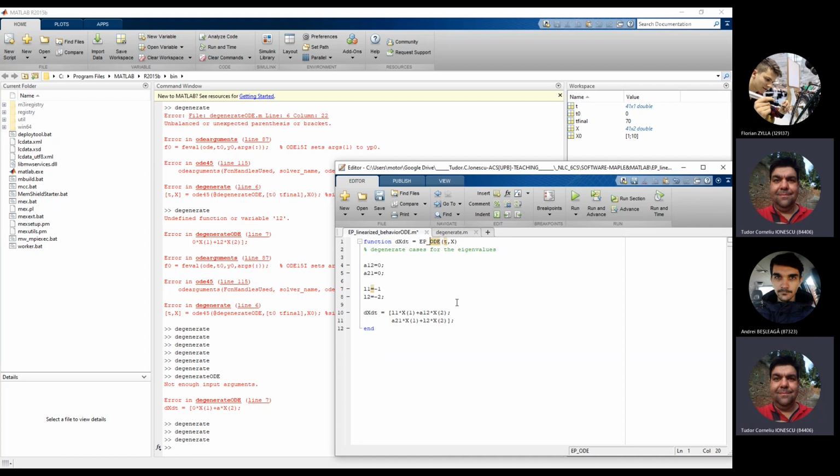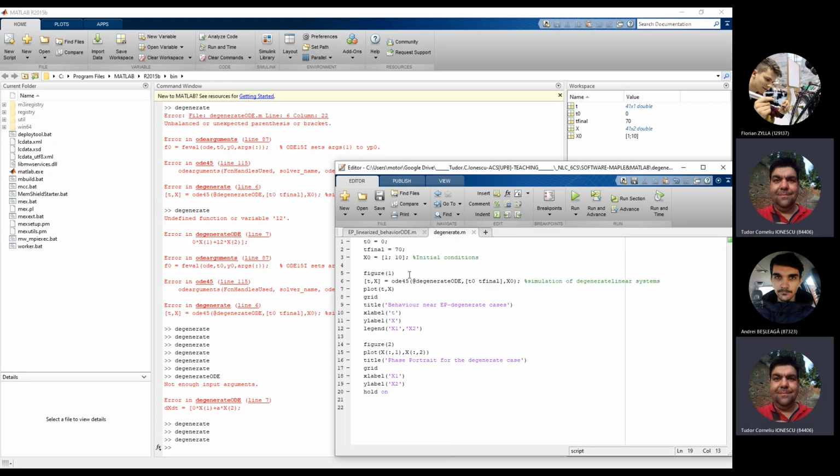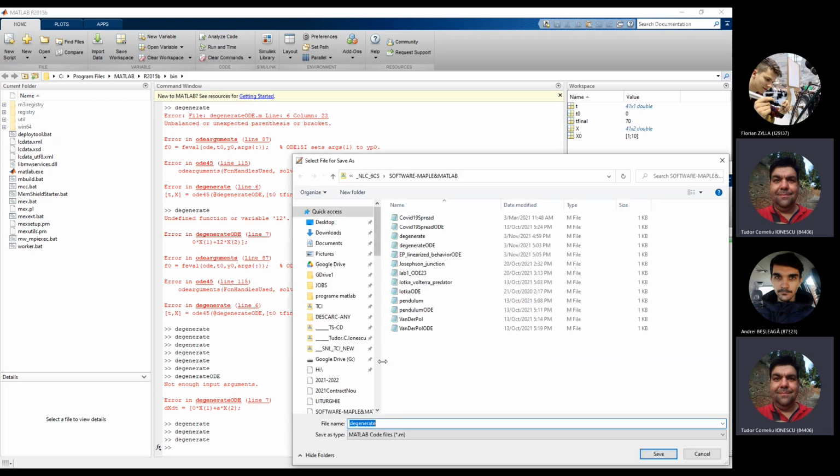Equilibrium point linearized behavior ODE. Okay, and you use this piece of text, this guy. Sorry, do this save as.